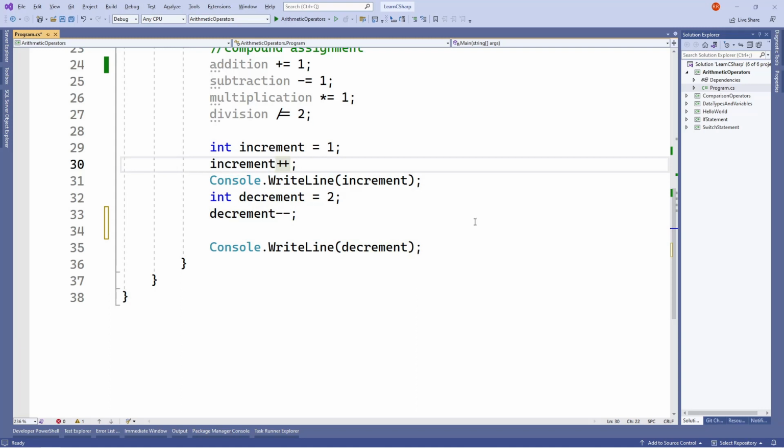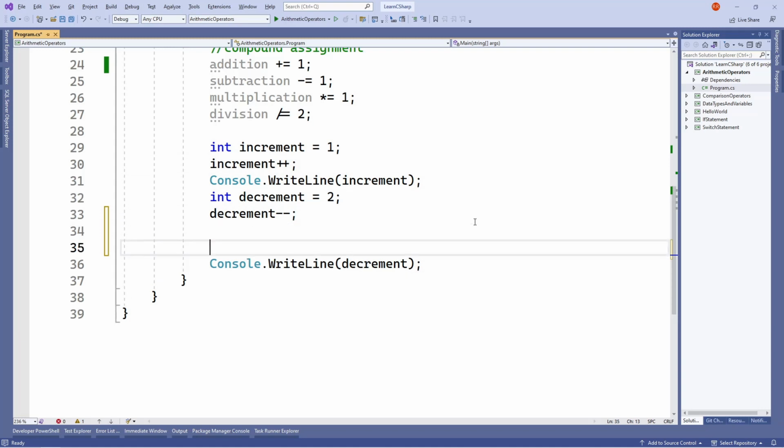We appended it after the variable, and then the other variant is the prefix, okay, which means that for the increment side we added the increment before the variable, okay. So that is what you call prefix, but it still does the same thing. It adds or increments the variable by 1. Same thing with the decrement operator.